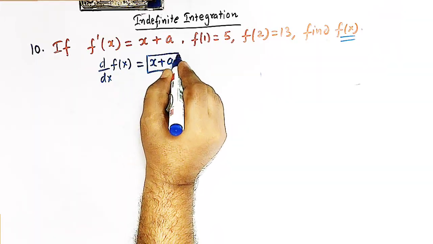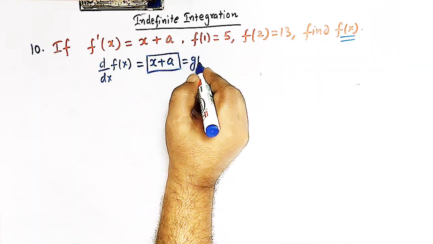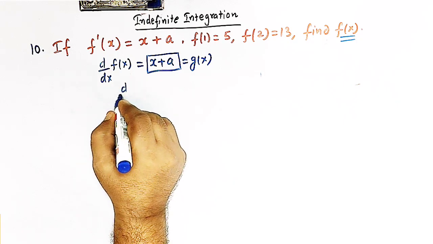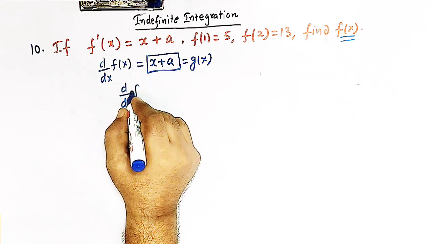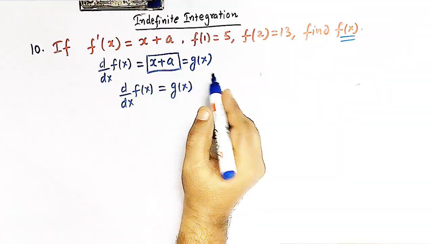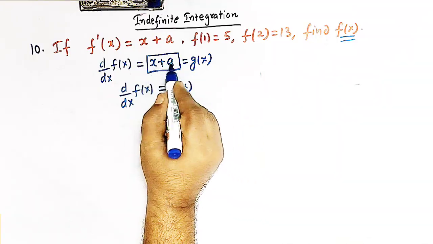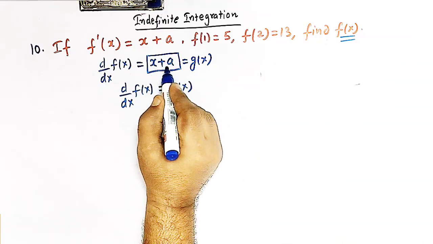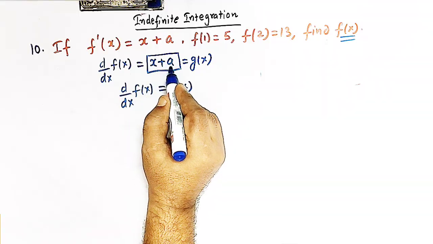So let us take this function as, say, g of x. We are now given d by dx of f of x is equal to g of x, where g of x is given by this linear function, that is x plus a.